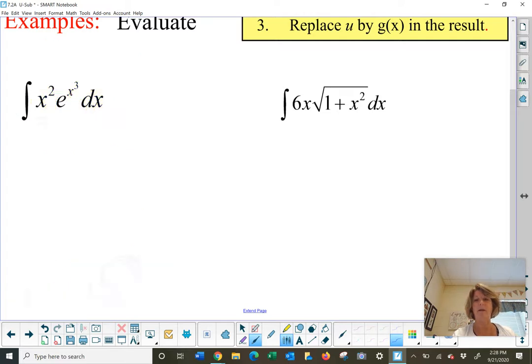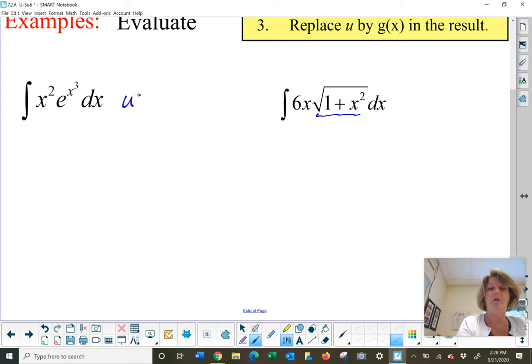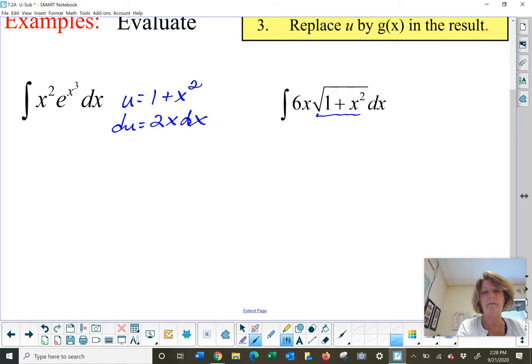Next problem. Well, the more complicated function, the composite function, looks like it's there with that square root. So I would suggest let u equal the inside part, the g of x part. Let's see what its derivative is. It's a 2x dx. I need 6x dx.